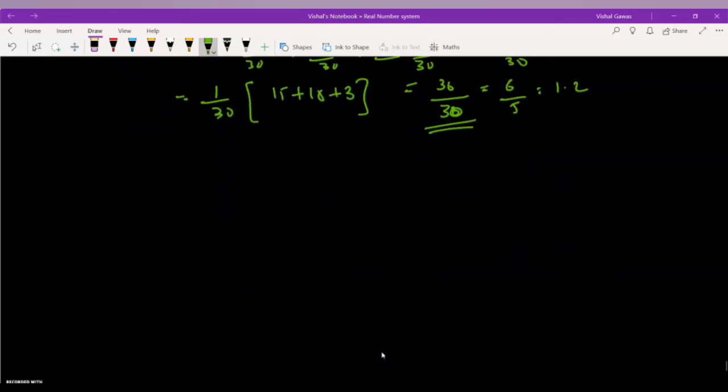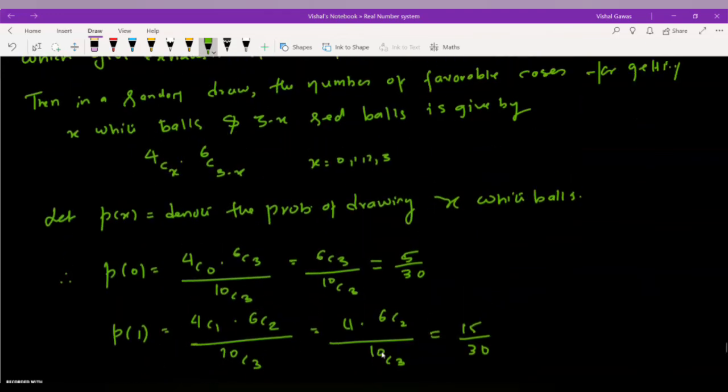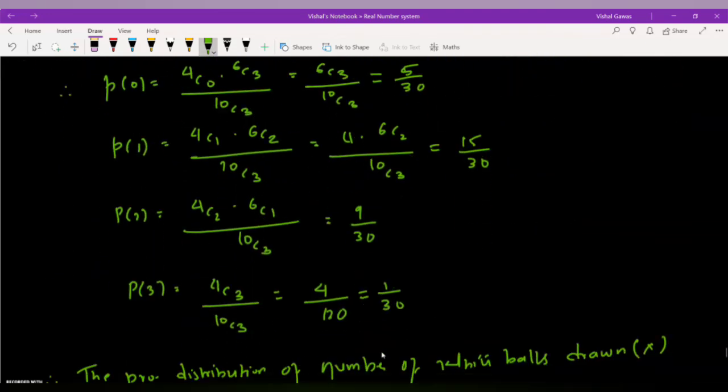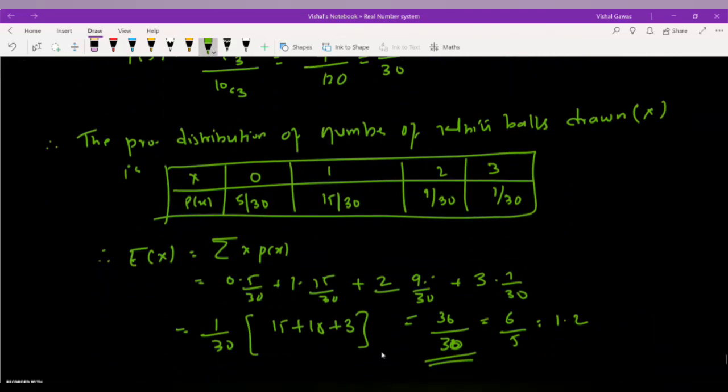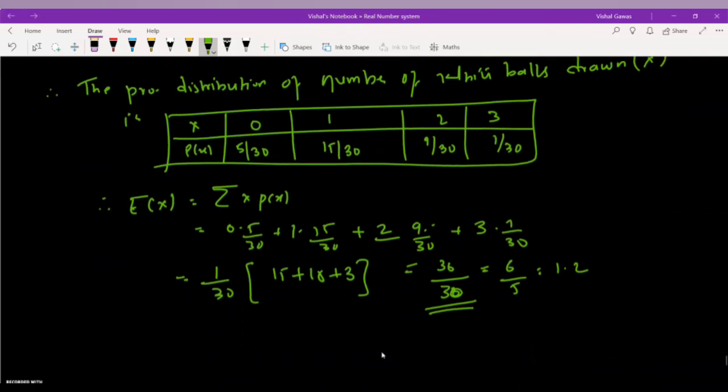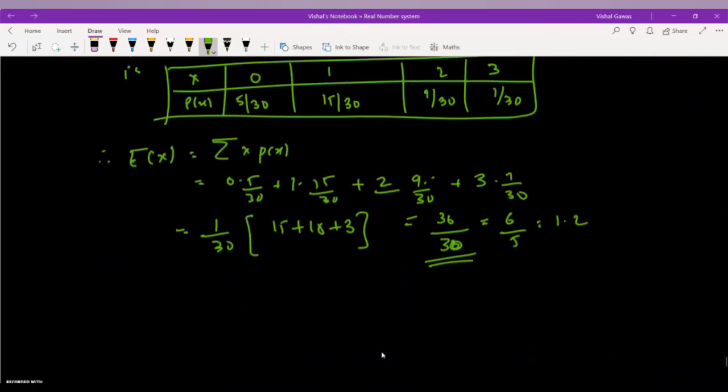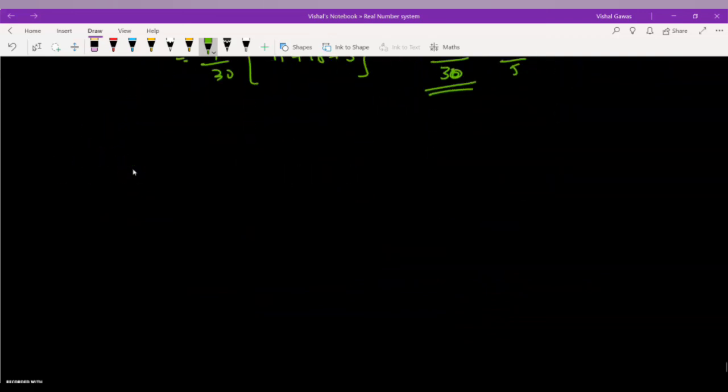Then look at the next question. The next question is interesting. It says that the reward for a white ball is 4 and the reward for a red ball drawn is 6. So let's write that down also.